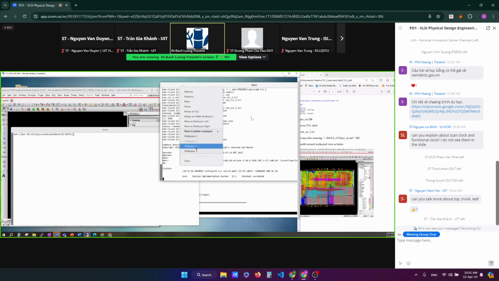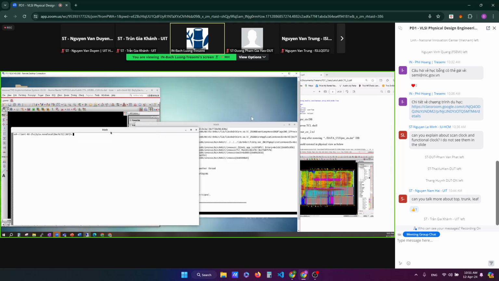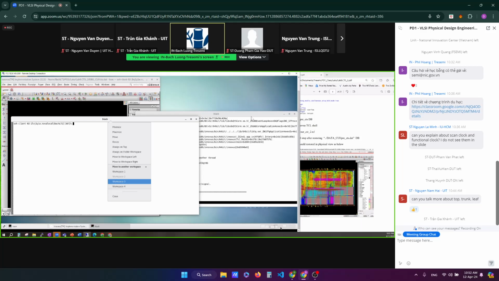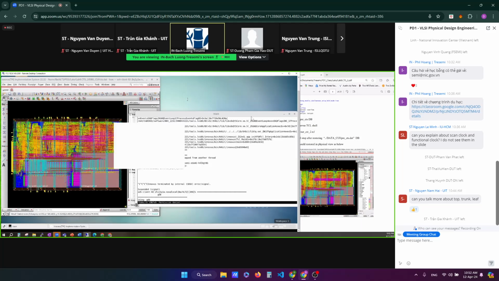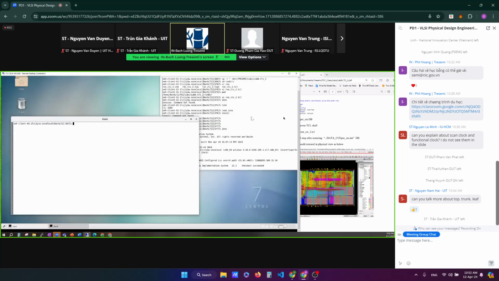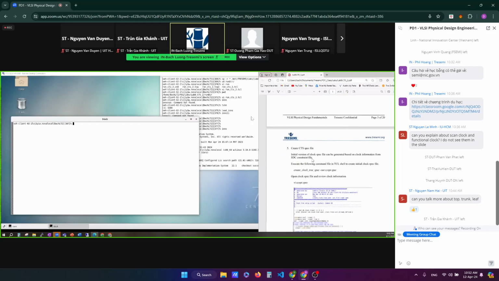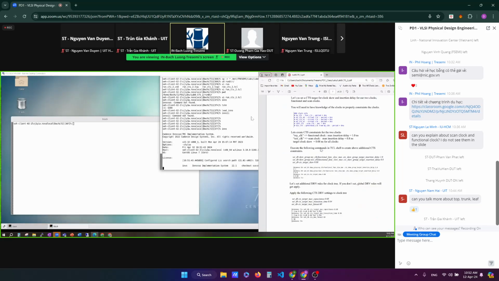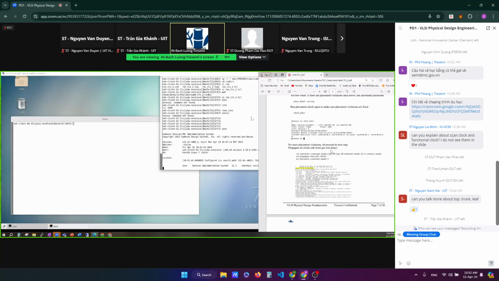Let me go to workspace 3 so it's cleaner. Okay, let's just go straight to clock tree debugger.